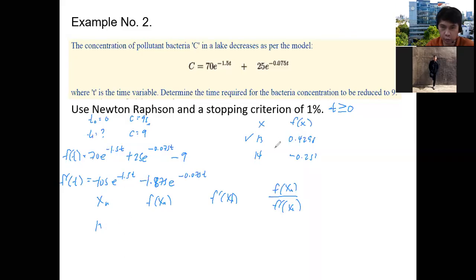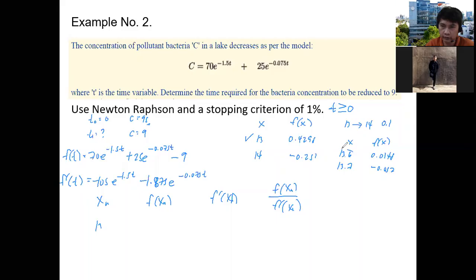Or if you try to generate another table, so let's say between 13 to 14, this time with an increment of 0.1. So you found out that the change in sign happened between 13.6 and 13.7. So this is x, f of x: 0.0148, and this one is negative 0.052.